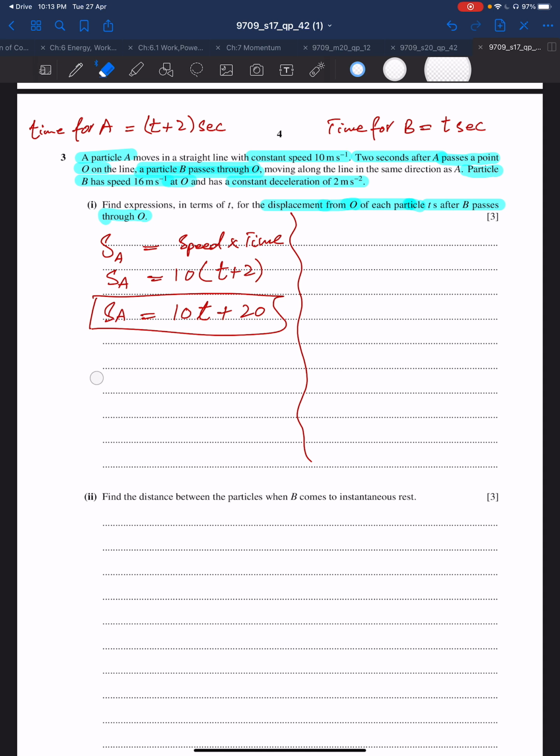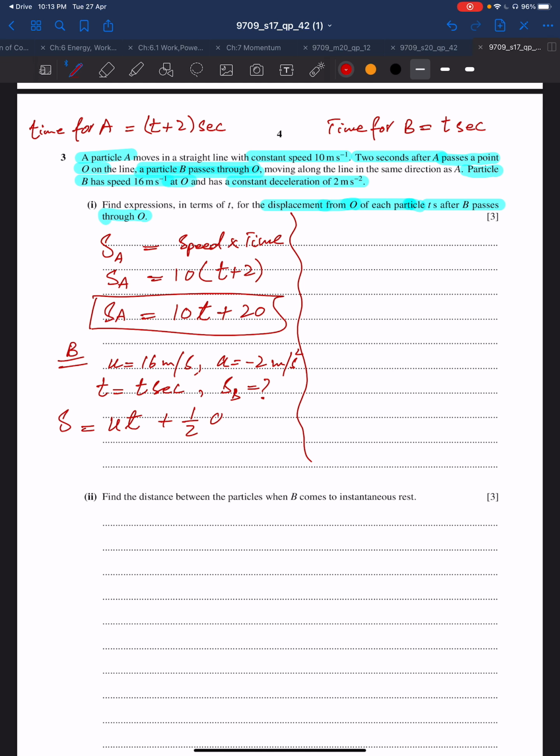For B, the initial velocity is given, u is equal to 16 meter per second and a is equal to minus 2 meter per second square, and time is equal to t seconds, and you have to find displacement. The appropriate formula is S is equal to ut plus half at square.